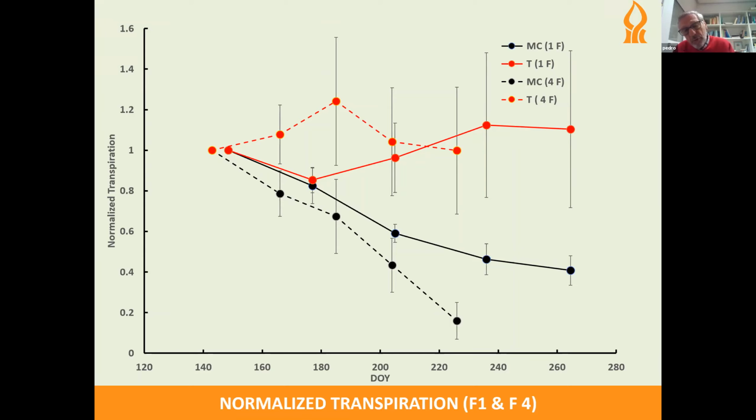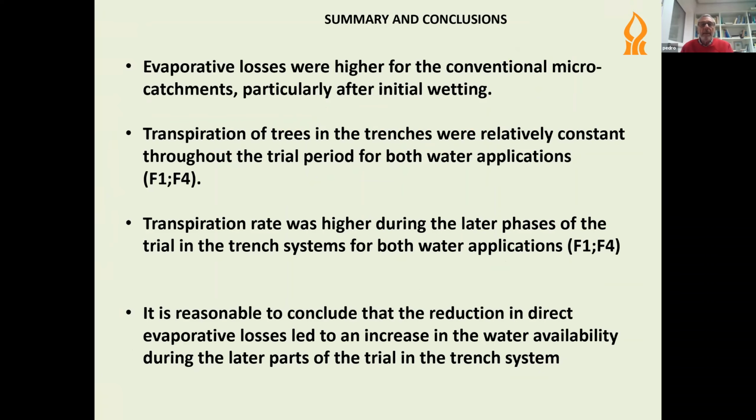And this confirms what I mentioned earlier, that basically the transpiration remains more or less constant for trenches and decreases for the microcatchment. From this, I think that we can summarize that the evaporative losses were higher for the conventional microcatchment. The transpiration of trees in the trenches was relatively constant throughout the trial.